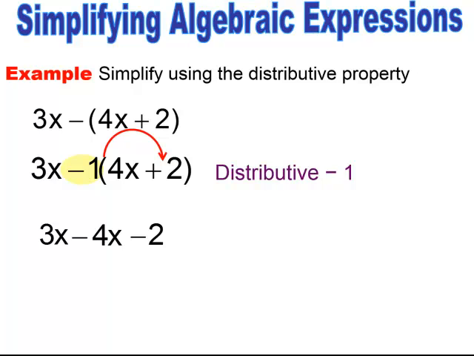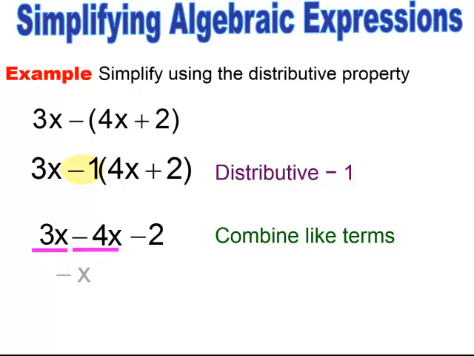So you can't combine like terms until the parentheses is cleared by doing the distributive property. And now I can combine the like terms, which is that 3x minus 4x, and that will give me a negative x. Don't put the coefficient of a 1 because we don't see negative 1 or positive 1 in front of x. And then I'm going to bring down the minus 2.